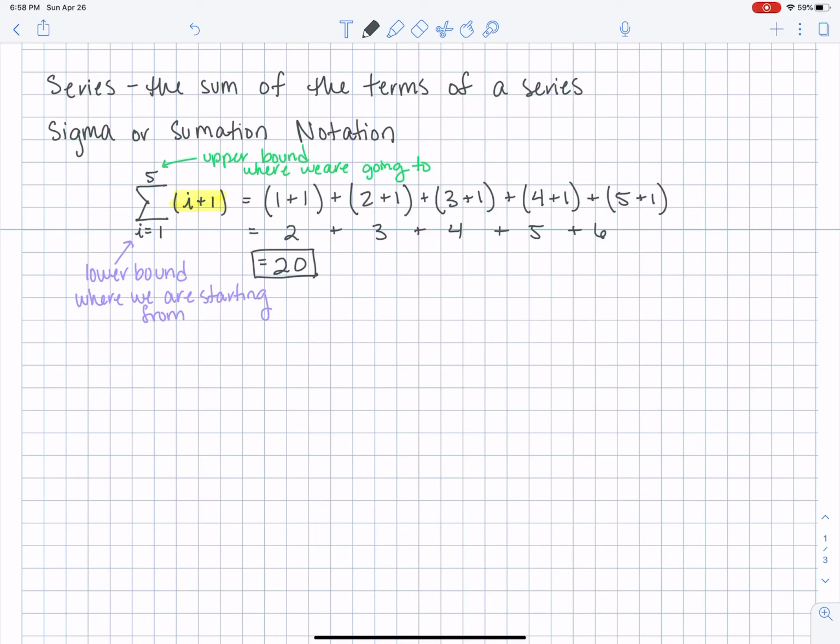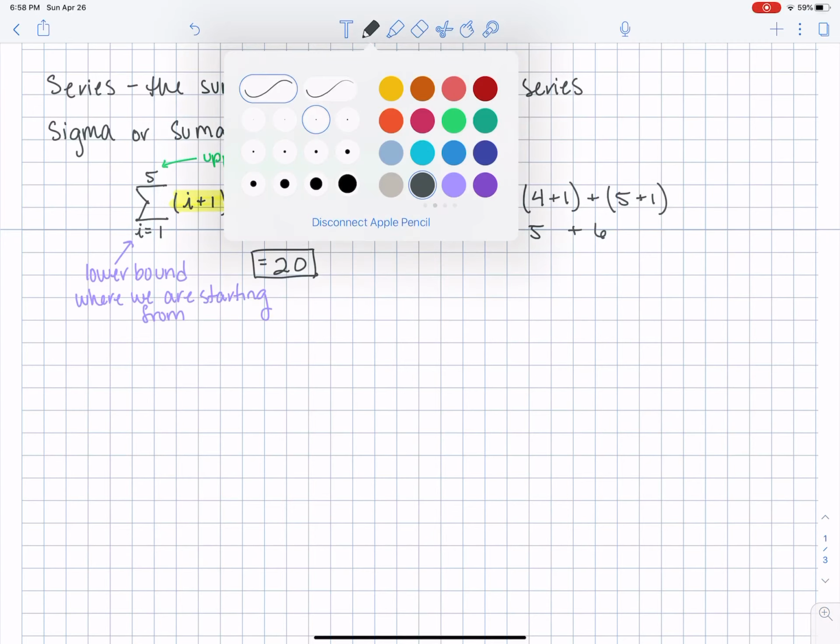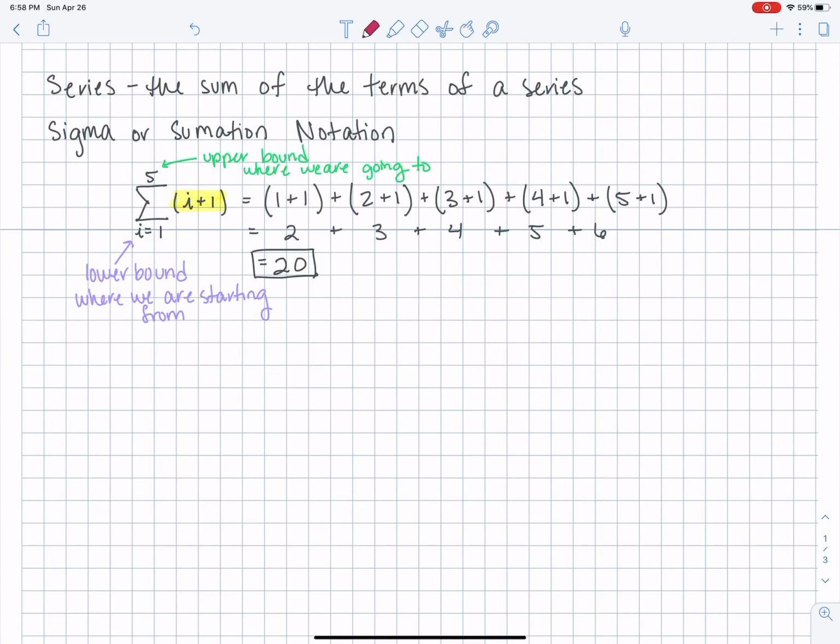Now, this is what we call finite because it is ending. So this is an example of a finite series. A finite series, because the terms end, has a nice upward bound.